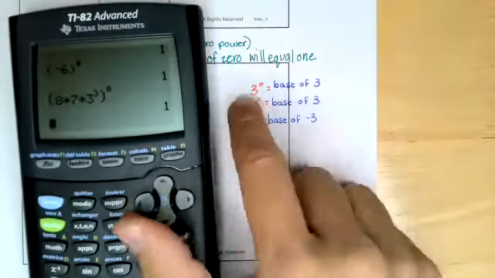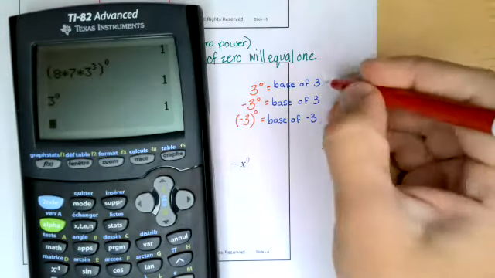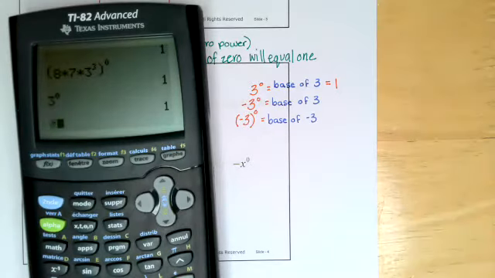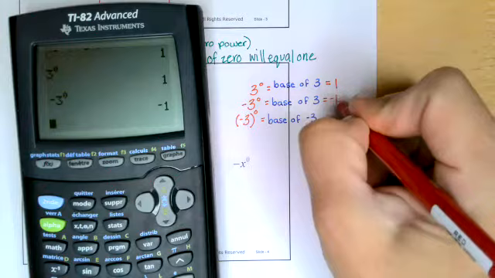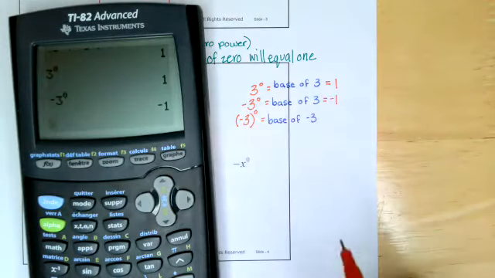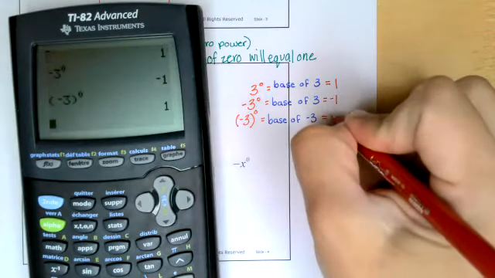So 3 to the 0 power is 1. Okay. Negative 3 to the 0 power is negative 1, because my base is only the number 3, and then I may add the negative on later. But if I put the negative into the parentheses and it becomes part of my base, it becomes positive 1.